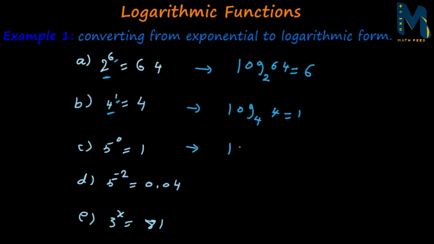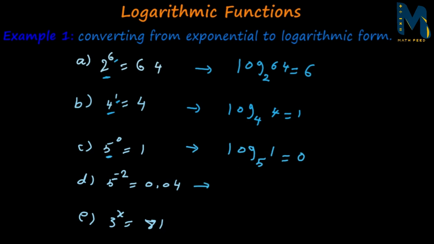So we have log, just write log, and our base is 5, write 5 here, and equals the exponent, which is 0, and the number that's remaining is 1. I will give you a note that log of 1 equals 0.